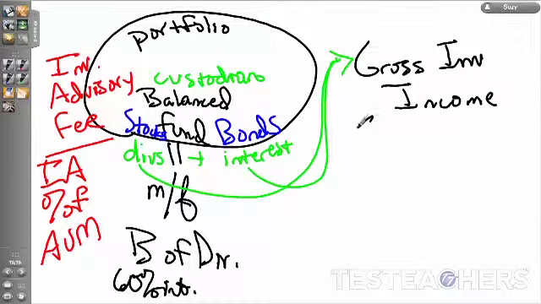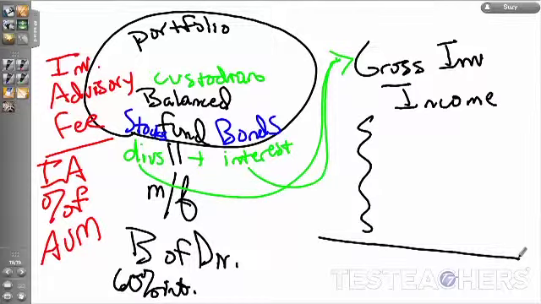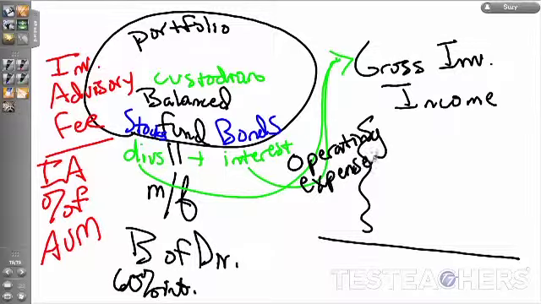Out of the fund's gross investment income, we subtract operating expenses. What's the largest operating expense? The investment advisory fee.